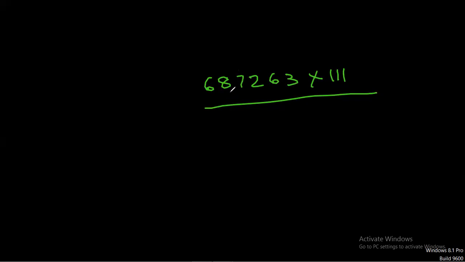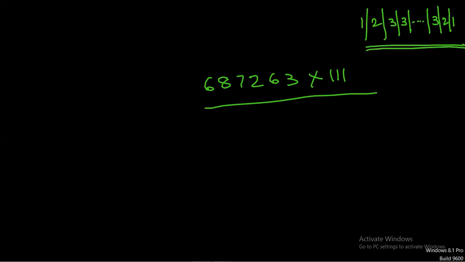Coming to the triple one, first 1 digit, first 2 digits, first 3 digits, and it will continue until last 3 digits, last 2, last 1. This is the framework for triple one.